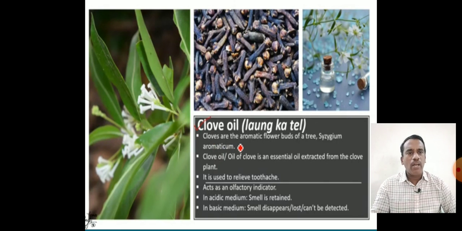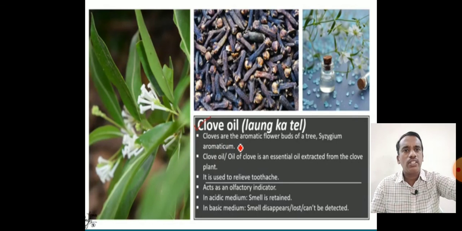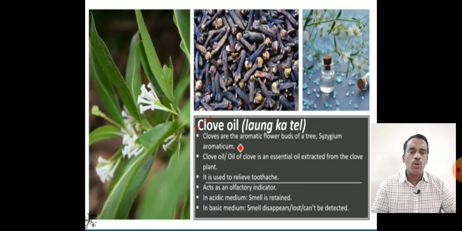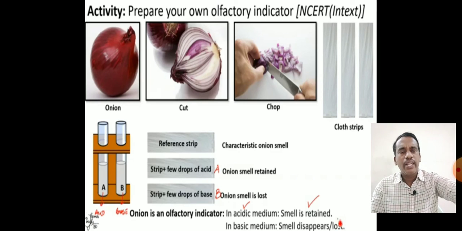Now the same practice we are doing. We are going to take two test tubes labeled A and B. In A we don't know what the solution is. We are going to take three strips of cloth. Now it is not our onion, it is our clove oil.